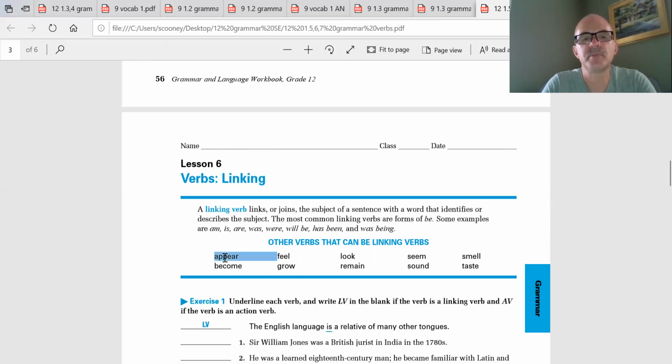So let's take the word appear. If I appear in the room, like I'm teleported there or something, that would be an action verb, right? But it appears cloudy outside, that's just describing a condition. That would be a linking verb, okay? So all of these can be either one, but in certain circumstances, they only express a condition.